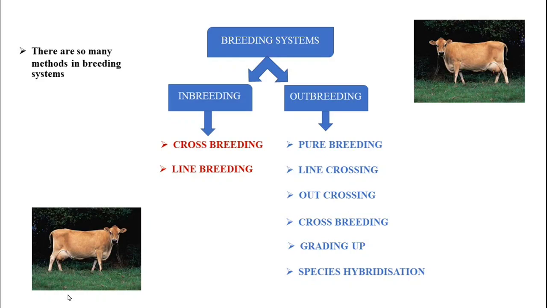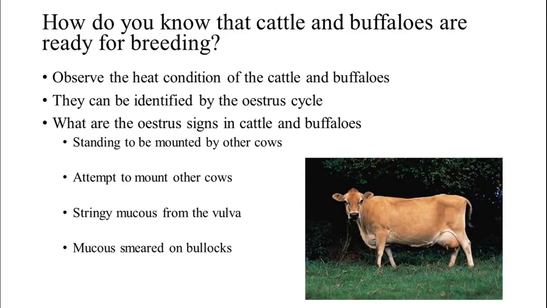The first one is pure breeding. The second is line crossing. The third is outcrossing. The fourth is crossbreeding. The fifth is grading up. The sixth is species hybridization.